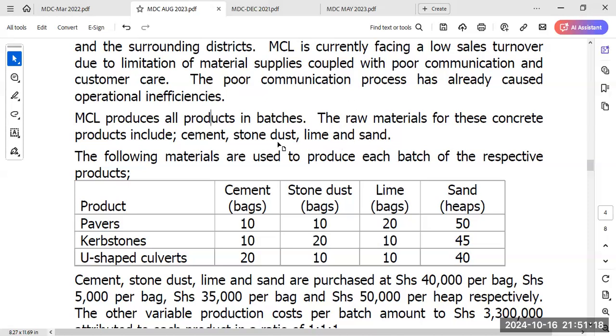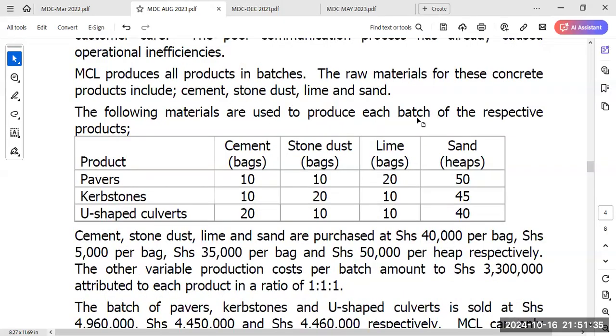So let's continue. We have four raw materials for you to produce these products. You need cement, you need stone dust, you need lime, you need sand. The following materials are used to produce each batch of respective products.